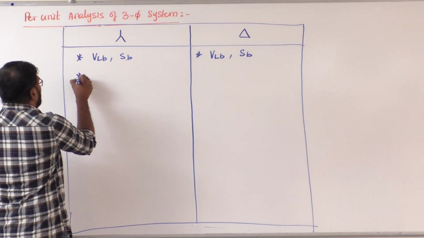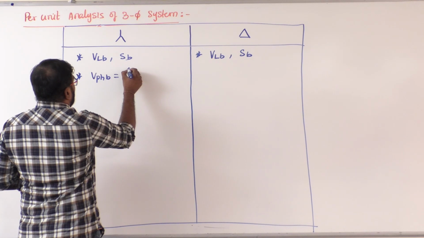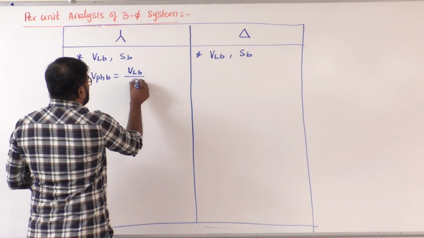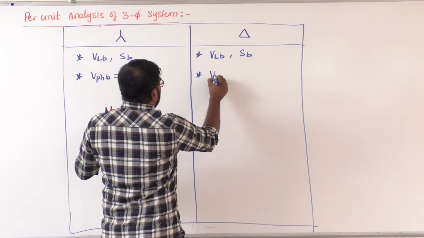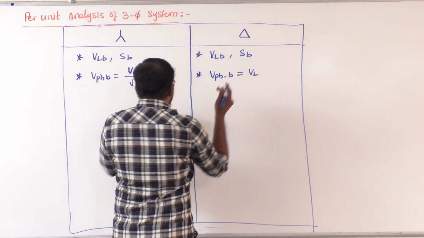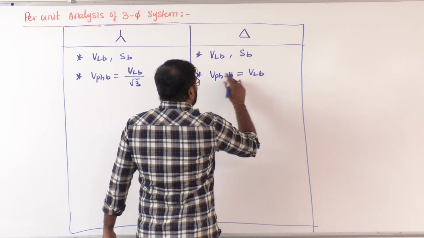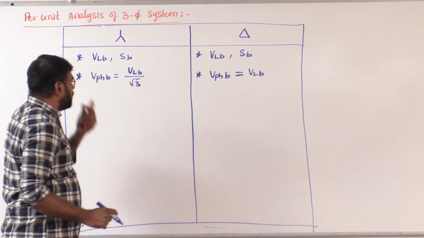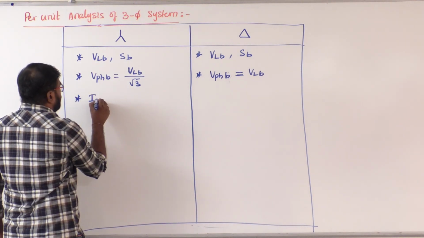Clear? V line base and S base are known. Now, what about V phase base? For star it is V line base by root 3. For delta, V phase base is nothing but V line base. Now, what about I phase base?